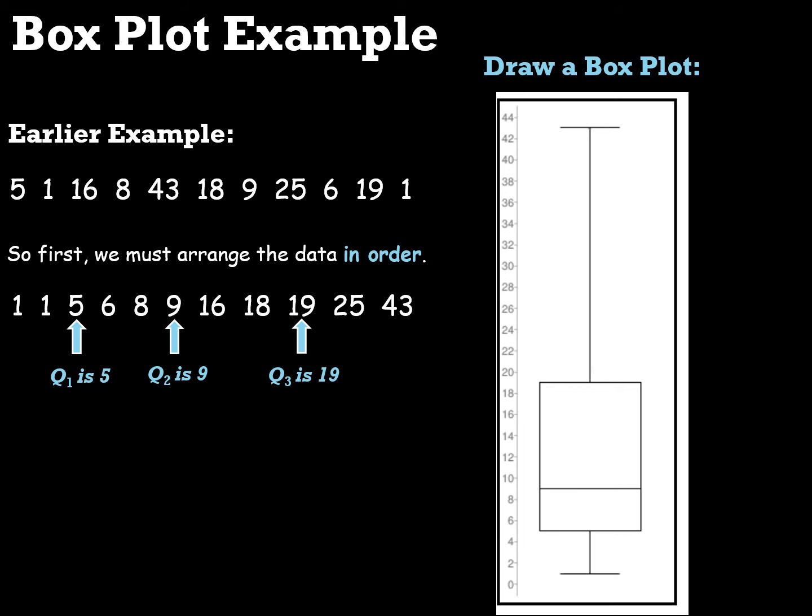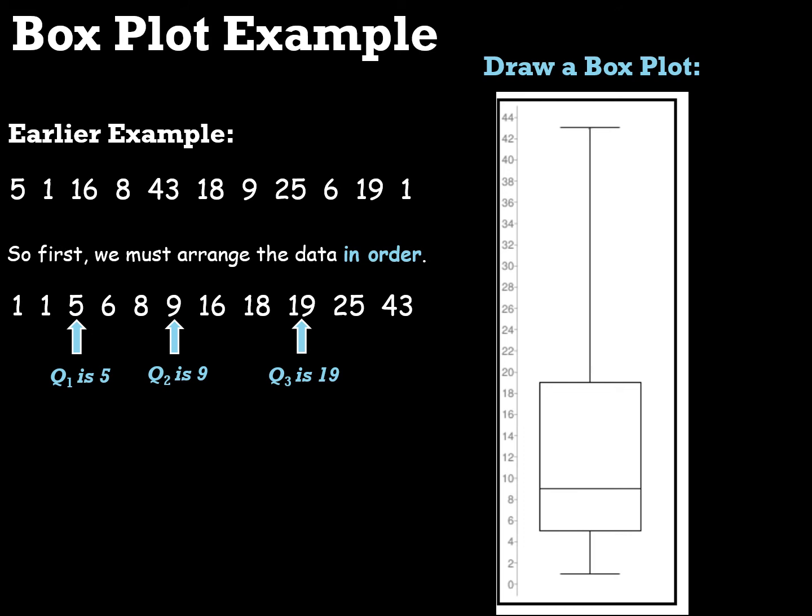So you put a longer line there, and then that same length of line for Q2, and then another one that same length for Q3. So now you have lines for minimum, maximum, Q1, Q2, Q3. Then you take those lines that represent the quartiles, Q1, Q2, Q3, and connect them together on the ends so that you make a little box.